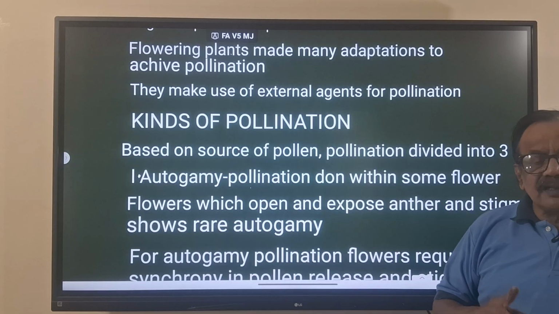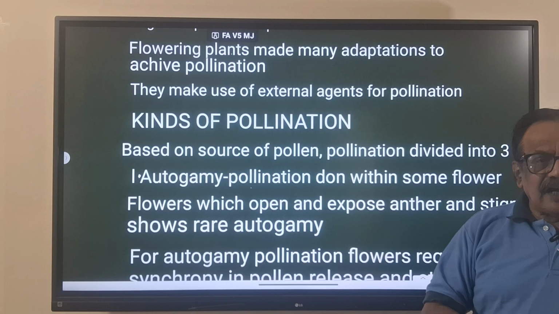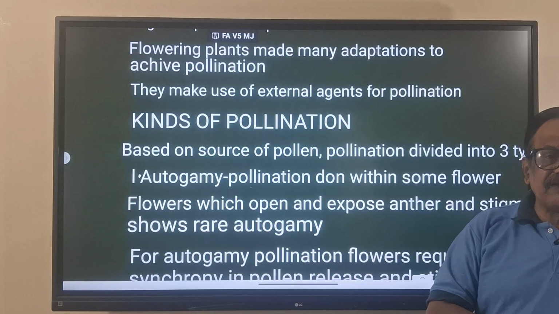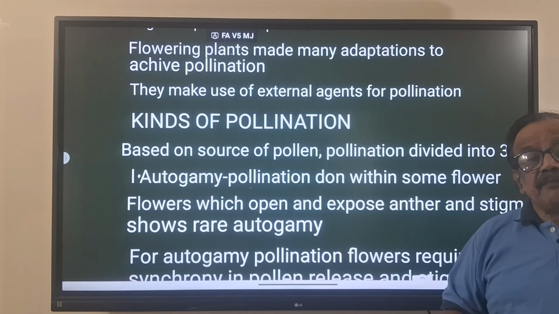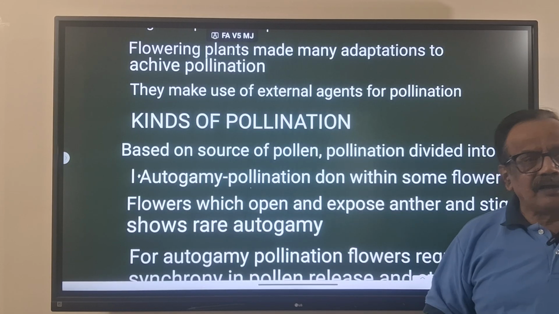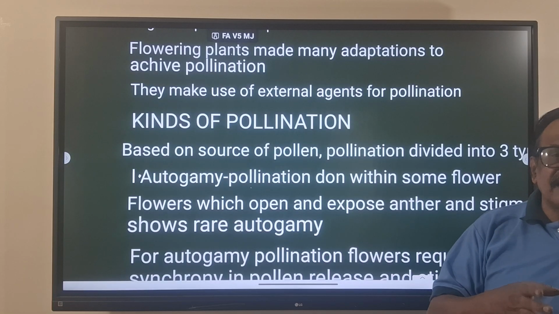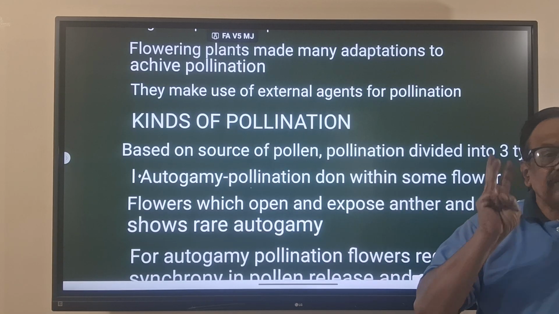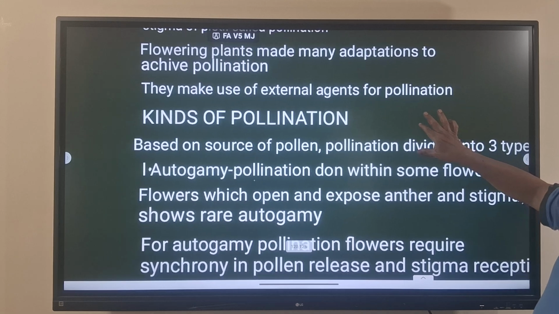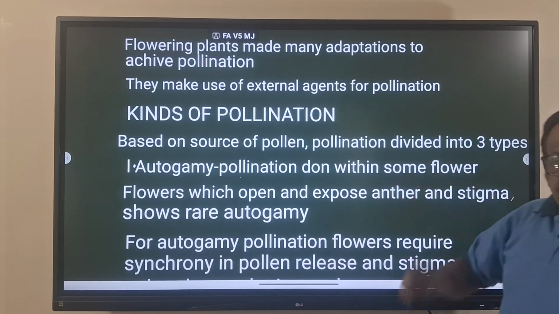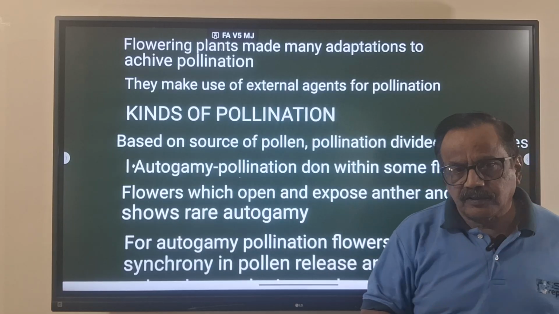So here, what is the source of the pollen: the same flower, different flowers of the same plant, or some other plant? Based on the source of the pollen, they divided pollination into three types. They are autogamy, geitonogamy, xenogamy. Three types.